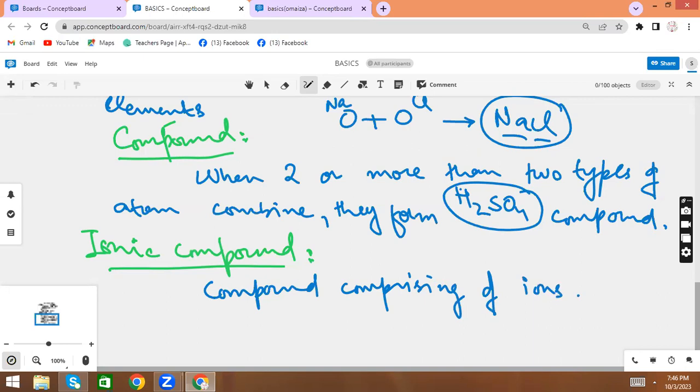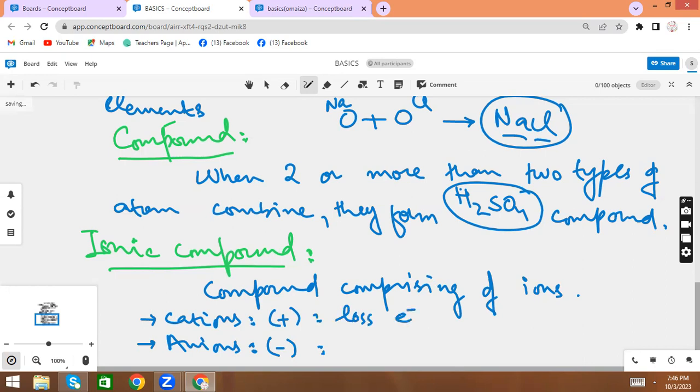Okay, so they may be cations or anions. The cations are positive and the anions are negative. So these cations have the ability to lose electrons, and these anions have the ability to gain electrons.